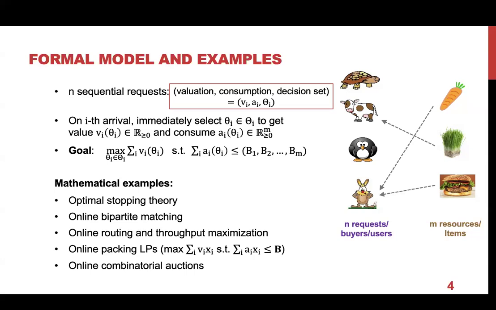So this is the basic model which we'll be focusing on. There are many variants as well, but I think this is one of the most fundamental. In this model, we'll be talking about lots of settings throughout the workshop. By the way, feel free to ask any questions if anything comes up in between.